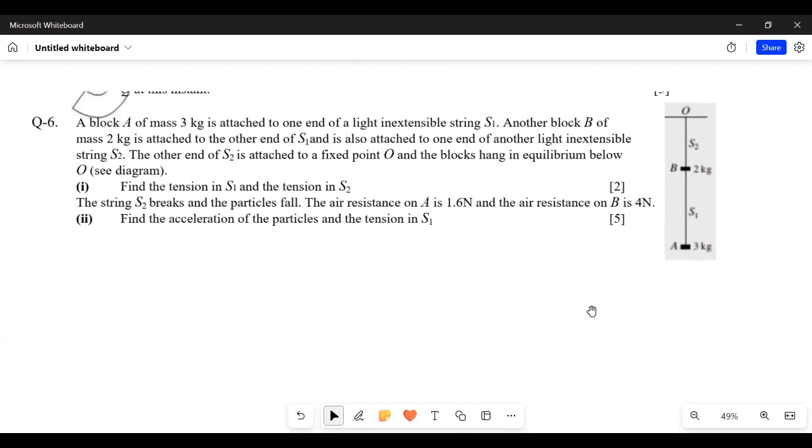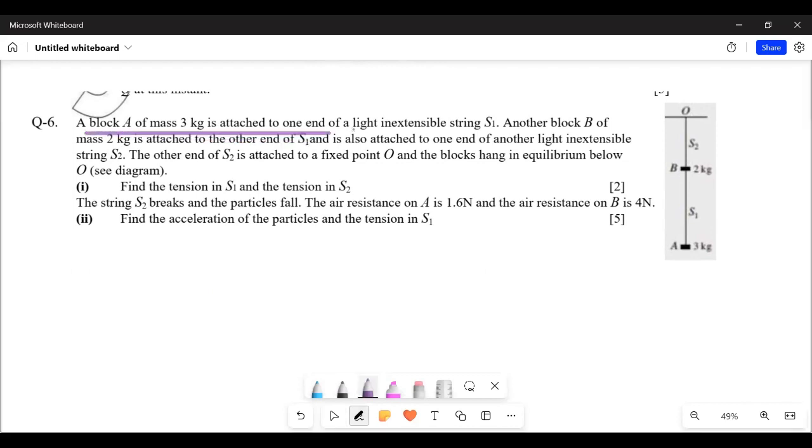A block A of mass 3 kgs is attached to one end of a light inextensible string S1. Okay. So what force can I enter in the figure from this line? Three kg.